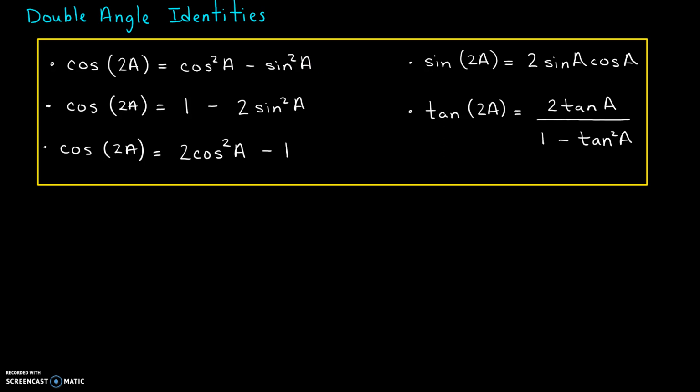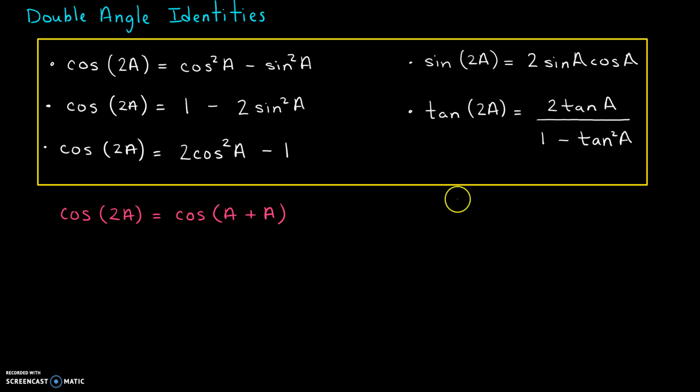So let's just look at cosine of 2a. Cosine of 2a can be written as cosine of a plus a. I mean, a plus a is in fact 2a. If we think back to the previous section, we dealt with sum and difference identities.